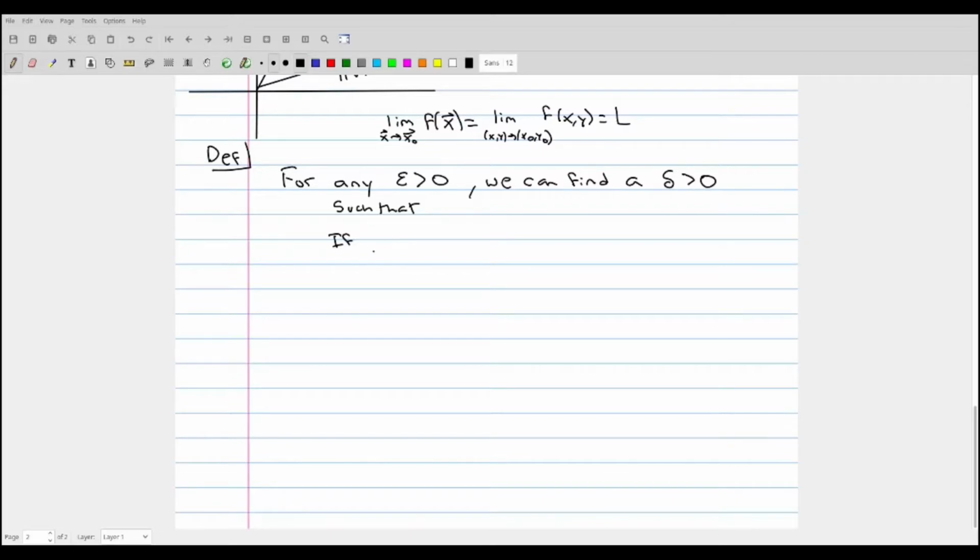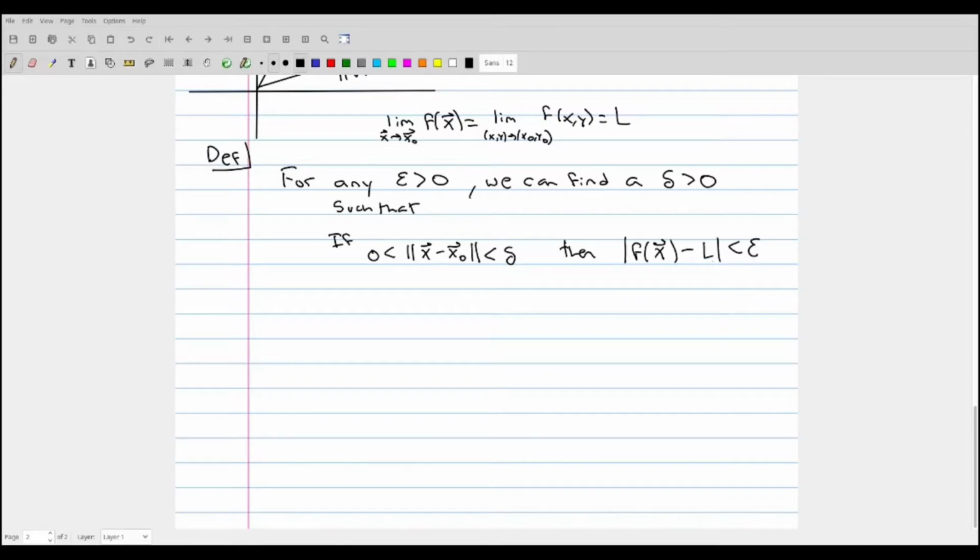If the distance between x and x naught, the norm of this vector, is less than delta, so if you're close enough to x naught, then the value of the function f of x minus the limit is within epsilon.